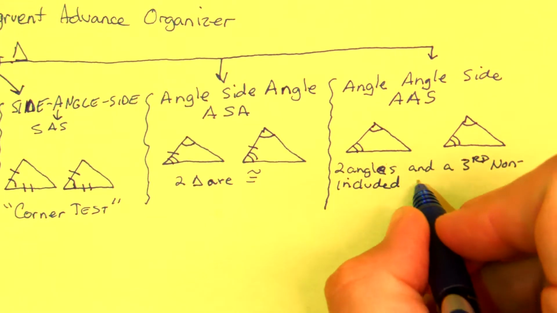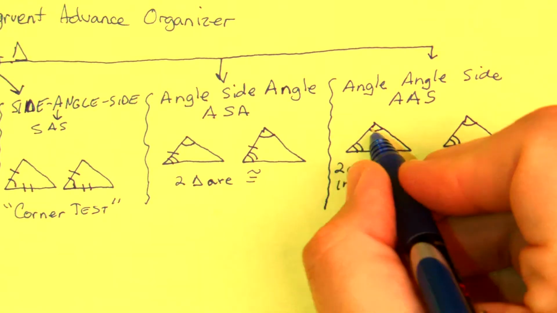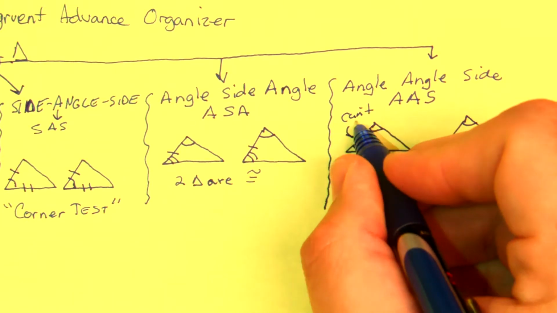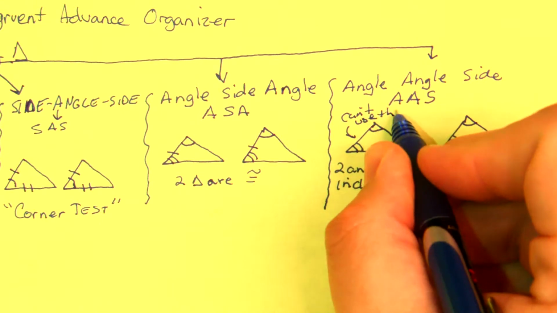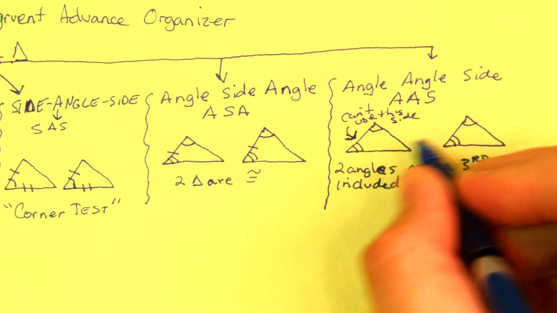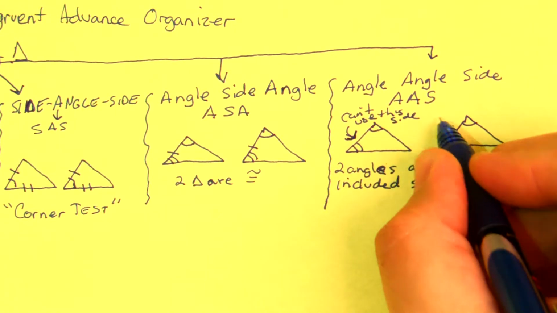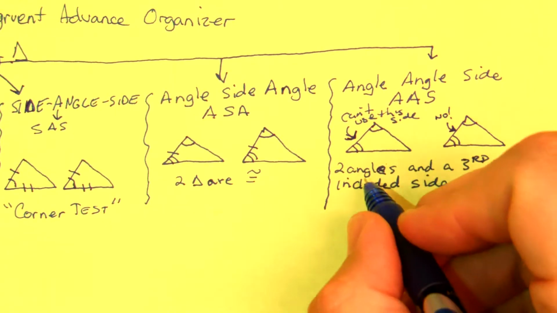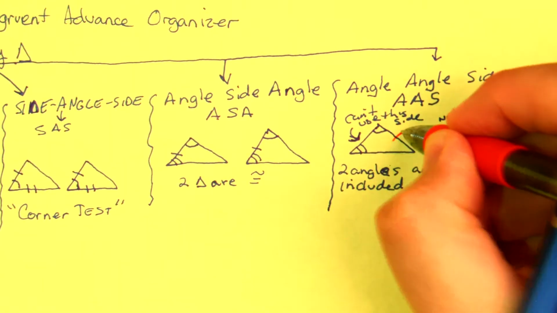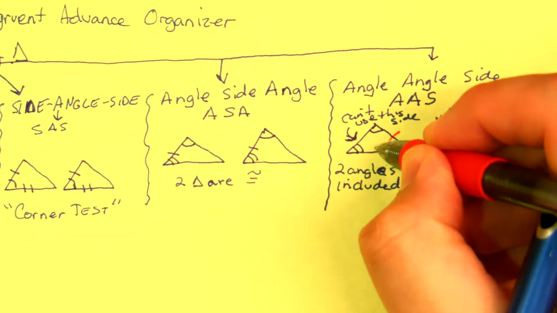So that means you cannot use this side. This side right here, you can't use that side. You can't use this side. So no. But you can either use this side or this side.